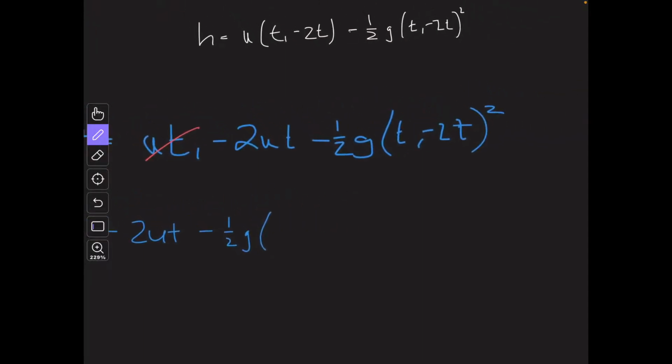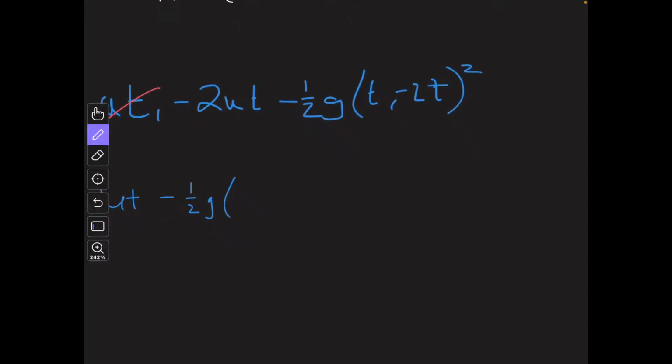It is two brackets, so it's (t1 minus 2t) by (t1 minus 2t), so it becomes t1 squared minus 4t t1, be careful with that, plus 4t squared.